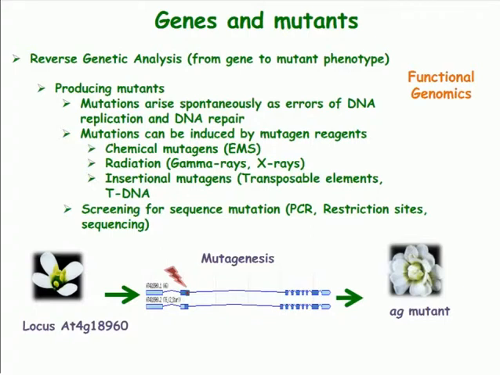This is the laborious part, because you have to check all the sequence where these changes have happened. Mostly you use PCR, restriction enzymes, and sequencing, and we will see a few examples of that. But basically, you have to find where all these mutations have happened, and then find some that have happened in your gene. So as you can see, it's not that simple.